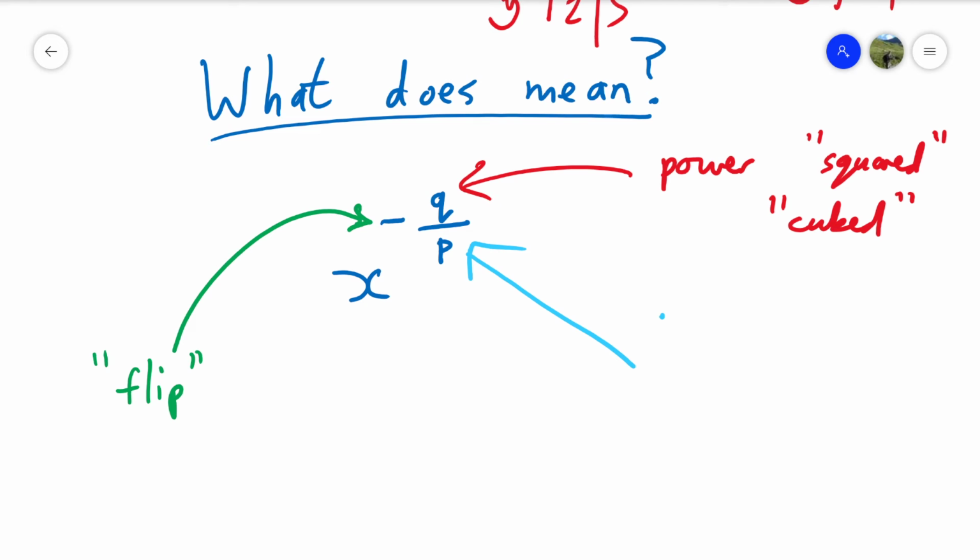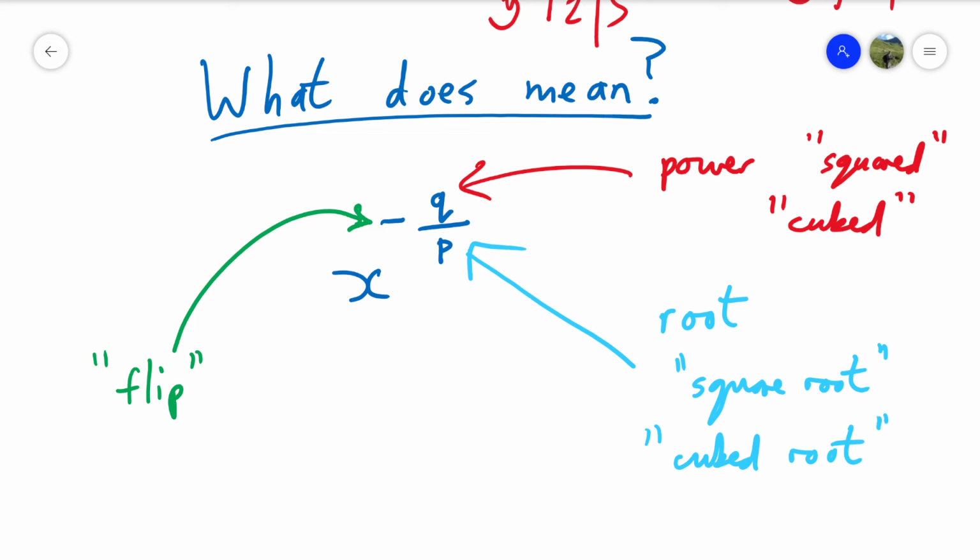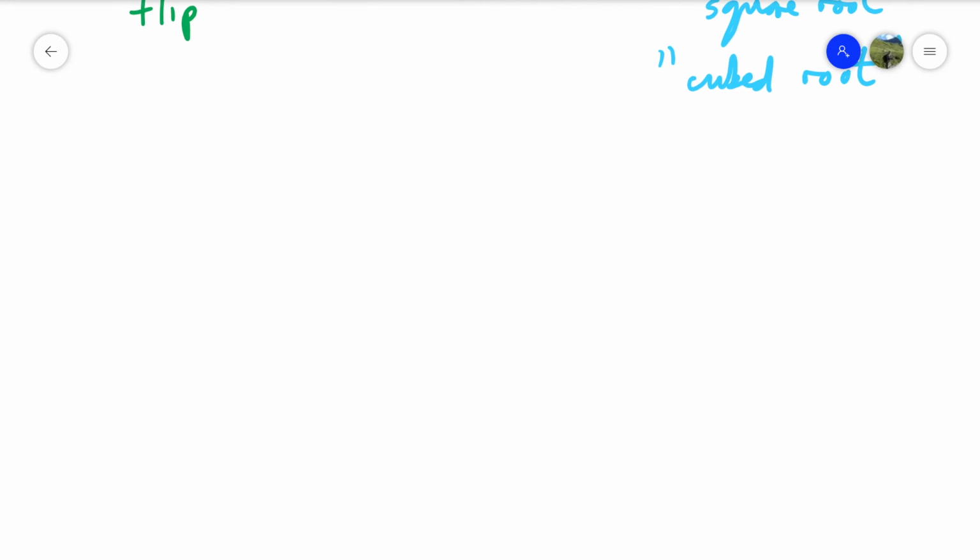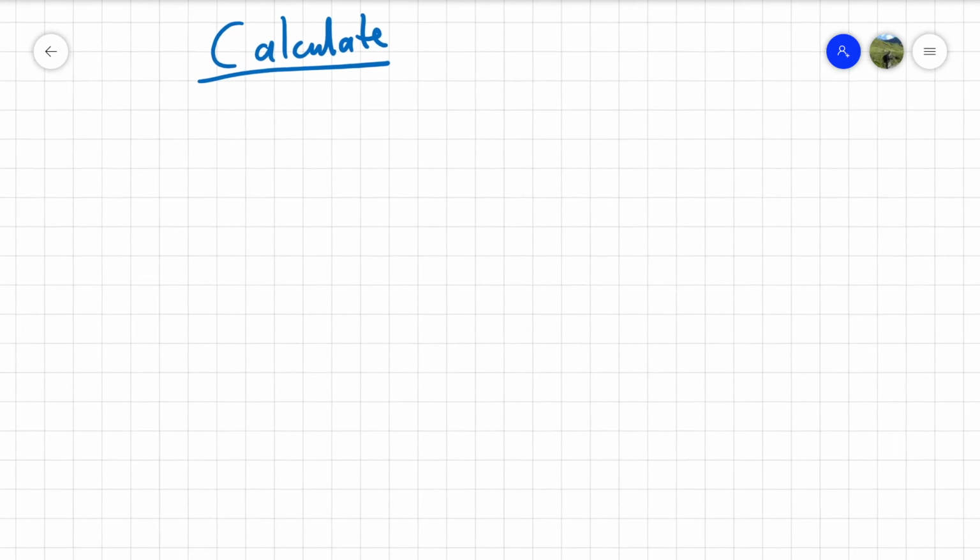That is a root. For example, a square root, if it were 2, or a cube root, if it were 3, or a fourth root, if it were 4, etc. Okay. Let's do some calculations. I'll do a little list as per usual.